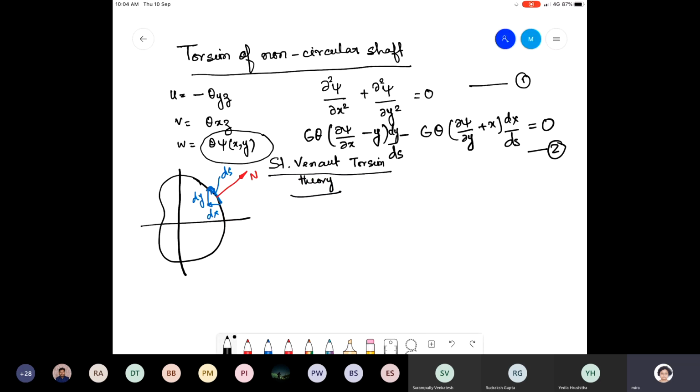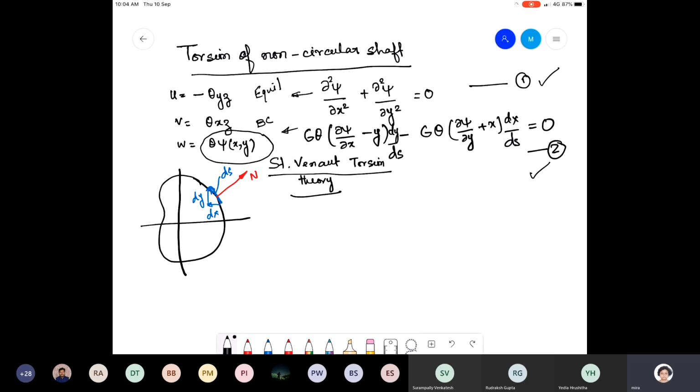Okay, we have seen that any warping function that satisfies condition 1 and condition 2 is an acceptable warping function for a shaft of any arbitrary cross section. So our job is to find a warping function which satisfies equation 1, which comes from the equilibrium condition, as well as equation 2, which comes from the boundary condition.